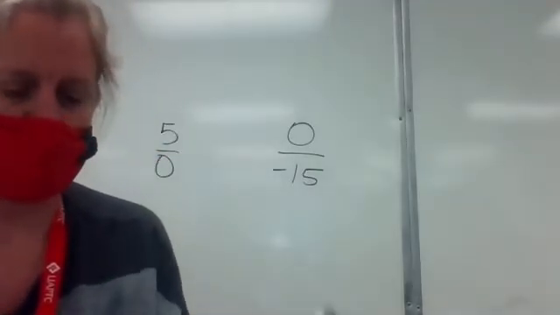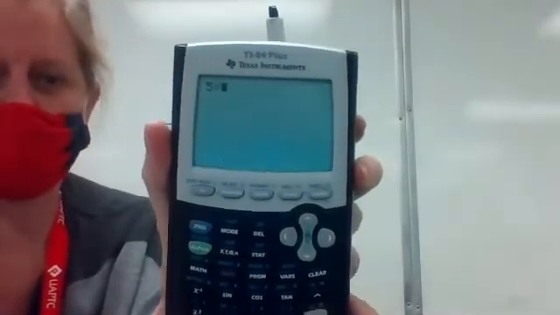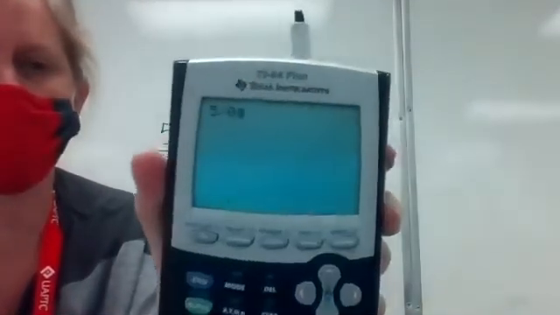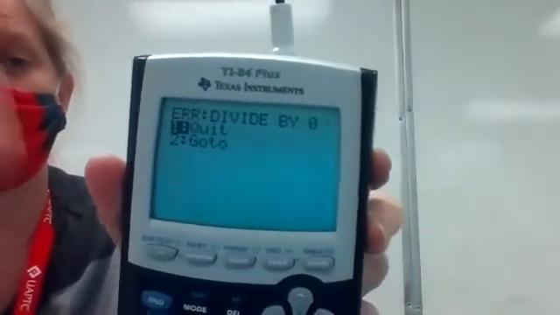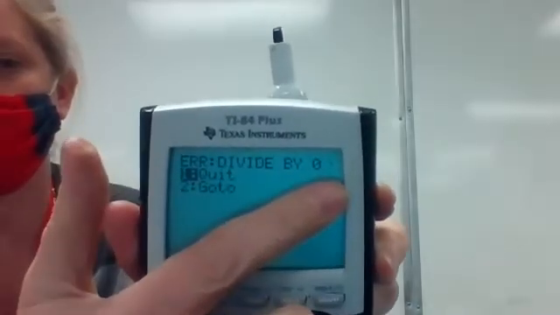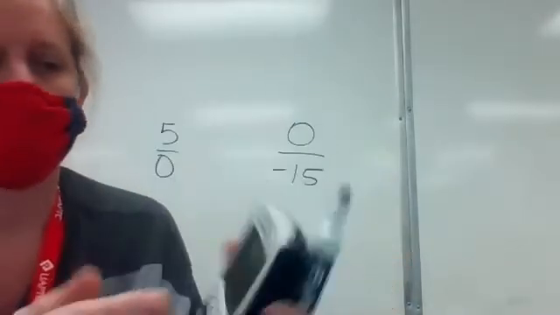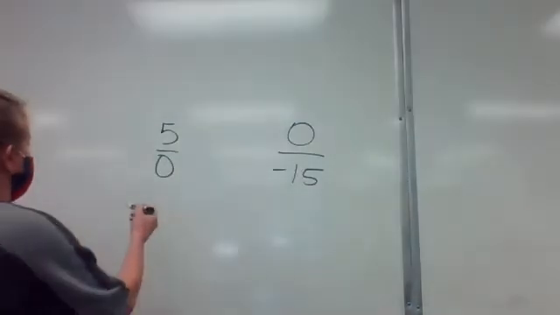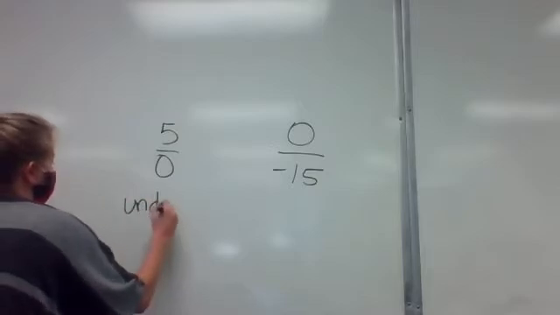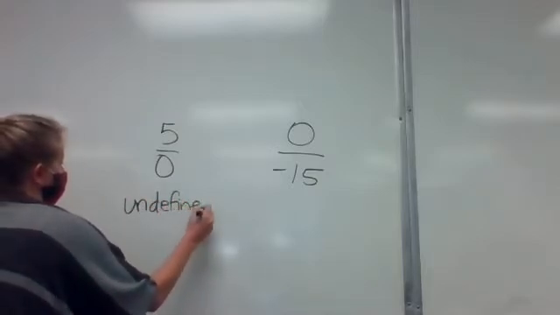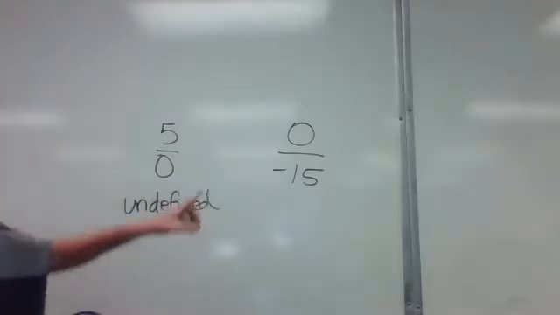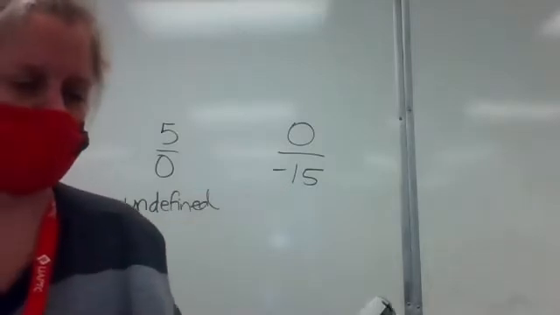And you did 5 divided by 0. Look at what your answer is going to tell you. It's going to say error. You can't divide by 0. Okay, so this was what is called, we call it undefined.